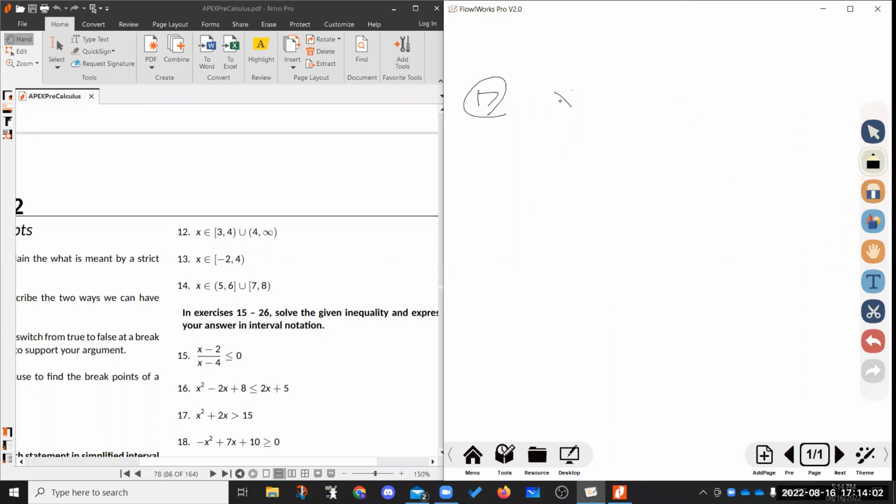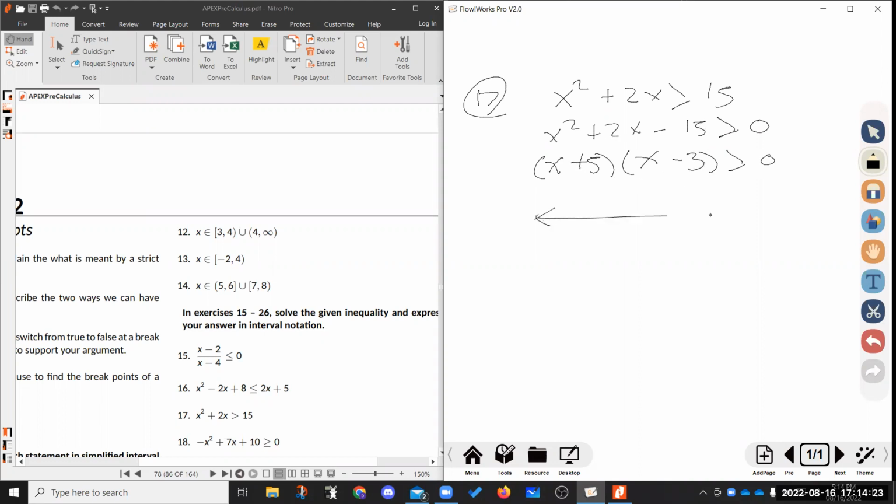17, x squared plus 2x is greater than 15. I'm going to subtract 15 from both sides. Then I'm going to factor: plus 5 minus 3, multiply to give me 15, add to give me 2. Let's put those on my number line, -5 and +3.